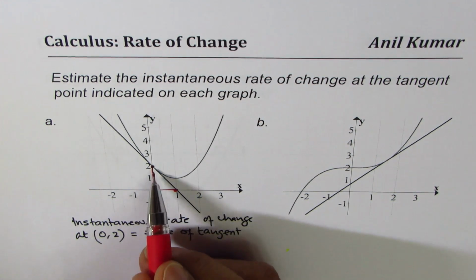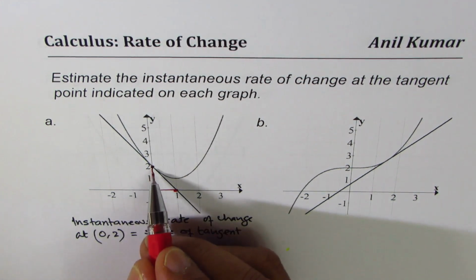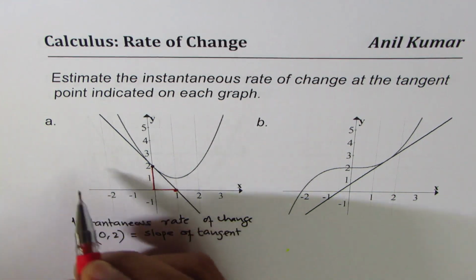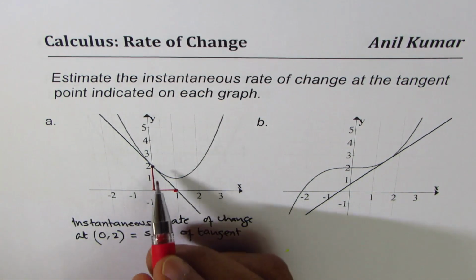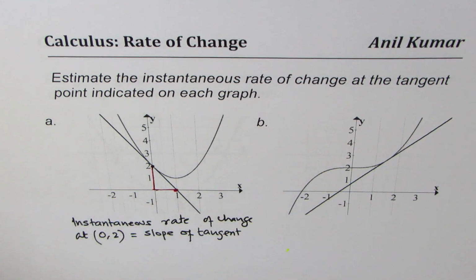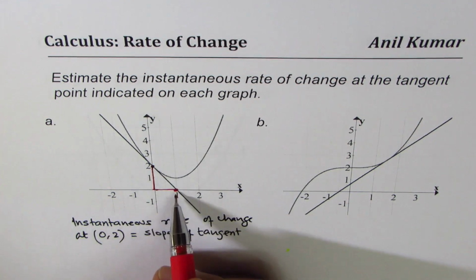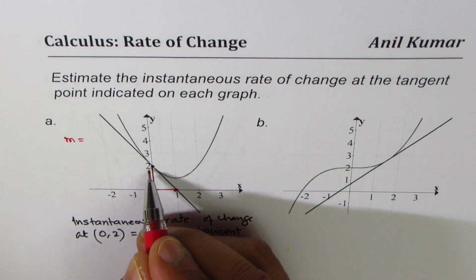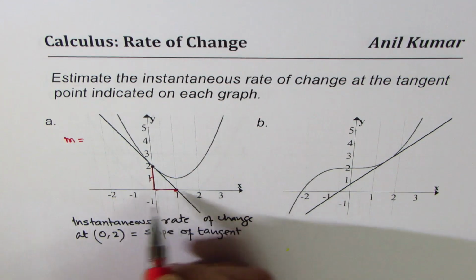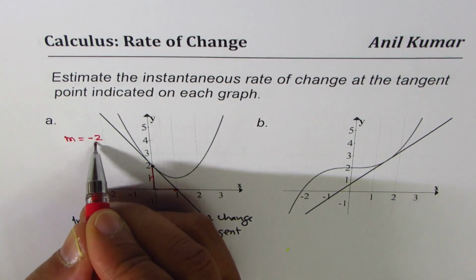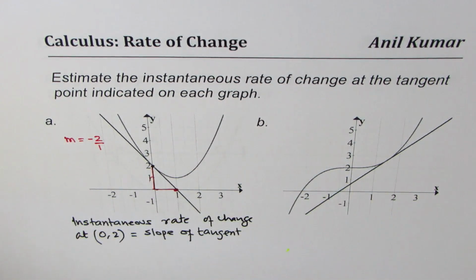As you can see, we are going down, so you could write this rate of change as -2 and 1 unit to the right. So from the graph, the slope is -2 over 1. You are going 2 down and 1 right, so -2 over 1. This is one way of doing it.